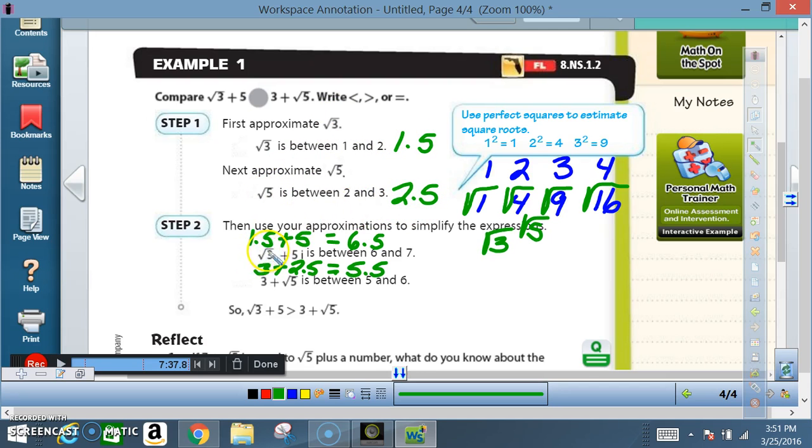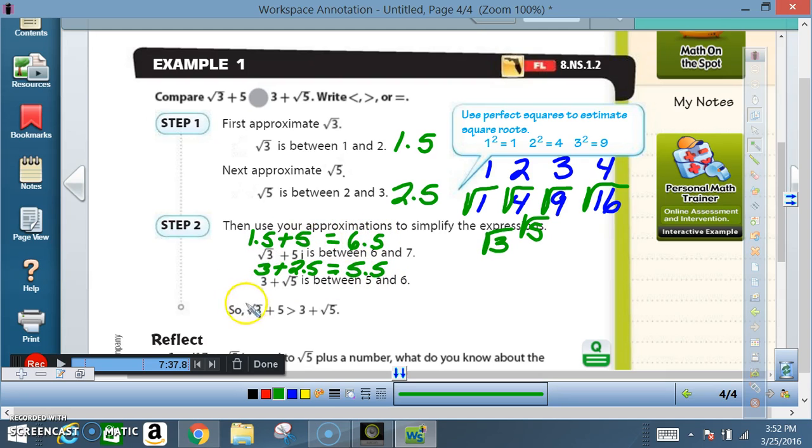So we plug in the square root of 3. In place of that, I put 1.5 plus 5. 1.5 plus 5 is 6.5. Do the same thing below. 3, I bring the 3 down, it stays the same. And then the square root of 5 is approximately 2.5. 3 plus 2.5 is 5.5. So you can see for this one, we got a value of 6.5, and for this one, we got a value of 5.5.